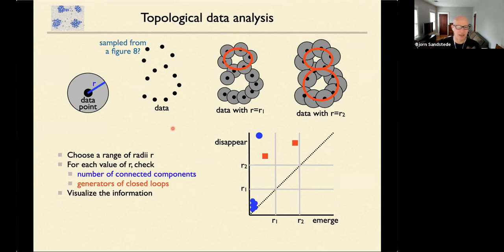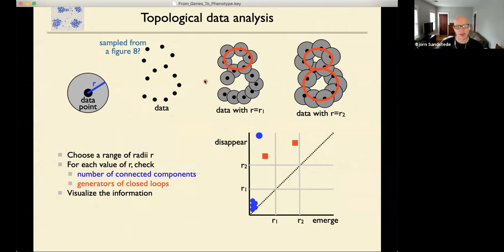Essentially the dimension of that homology group tells you how many loops generate the topology of that set you're interested in. This allows you to extract information about how many independent circuits you have and also what the generators are.